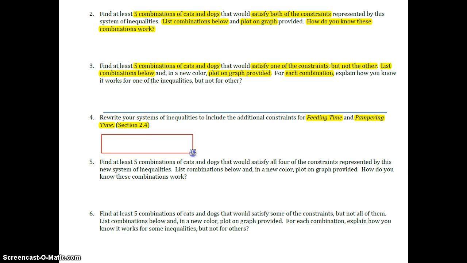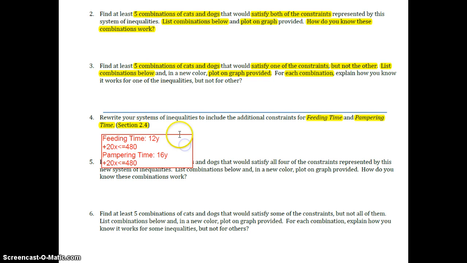For feeding time, that constraint is 12y plus 20x is less than or equal to 480. And then we also have pampering time, and that can be found with 16y plus 20x is less than or equal to 480.